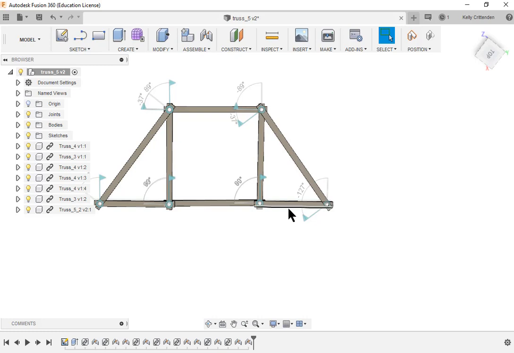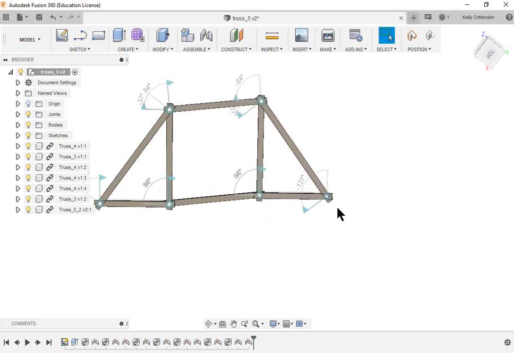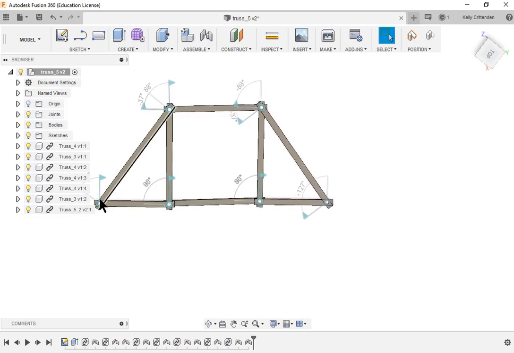But that is not what we're analyzing when we put a pin at one end that has two reactions, and a roller at the other end that only has one reaction.